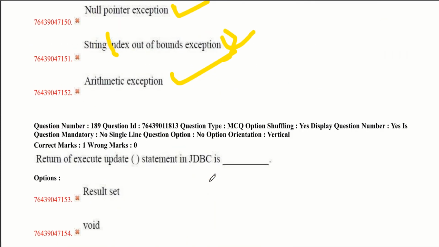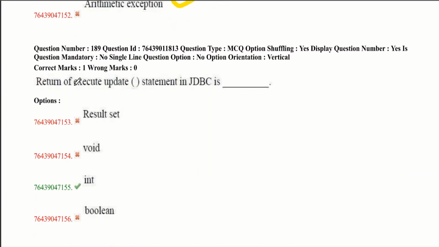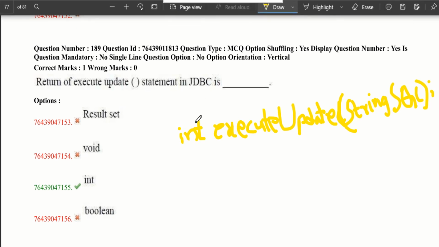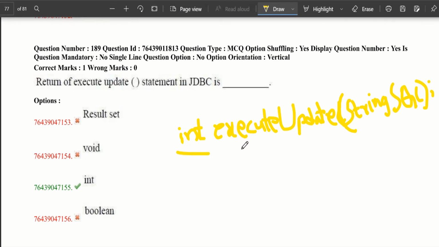Now let's get into the ninth question. The return of the executeUpdate statement in JDBC. The syntax of executeUpdate is int executeUpdate(String sql).